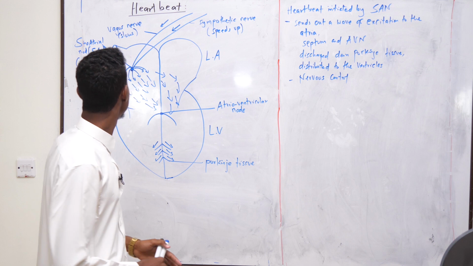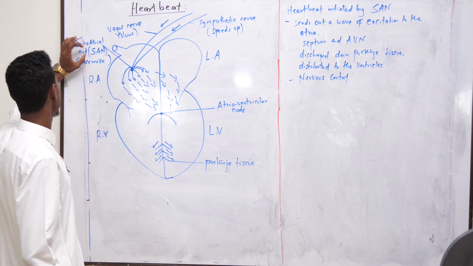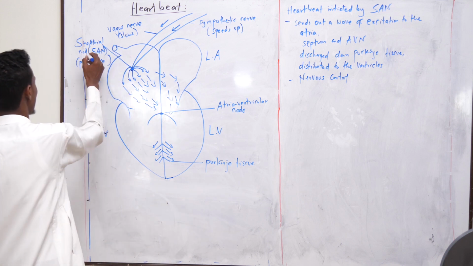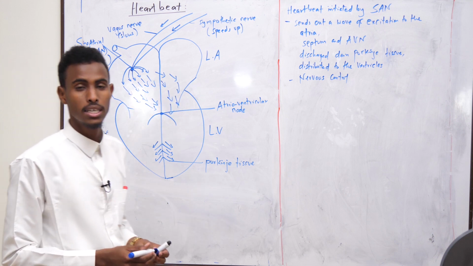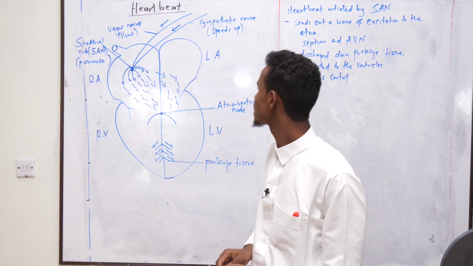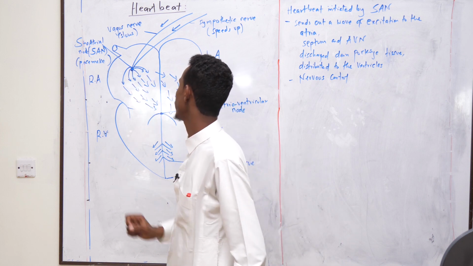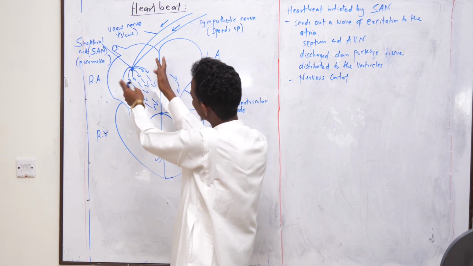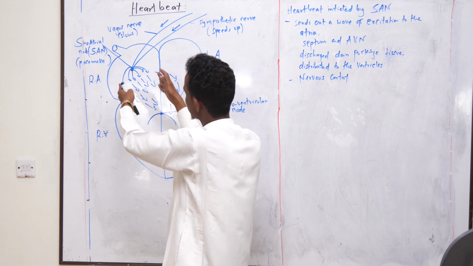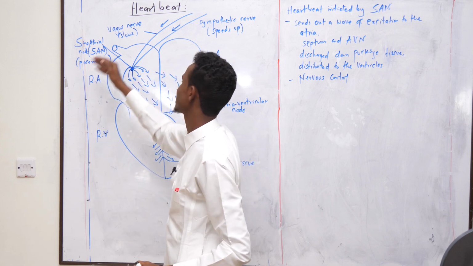Now class, we say the sinoatrial node is a small area of specialized cardiac muscle fibers located on the right atrium, near the vena cava.